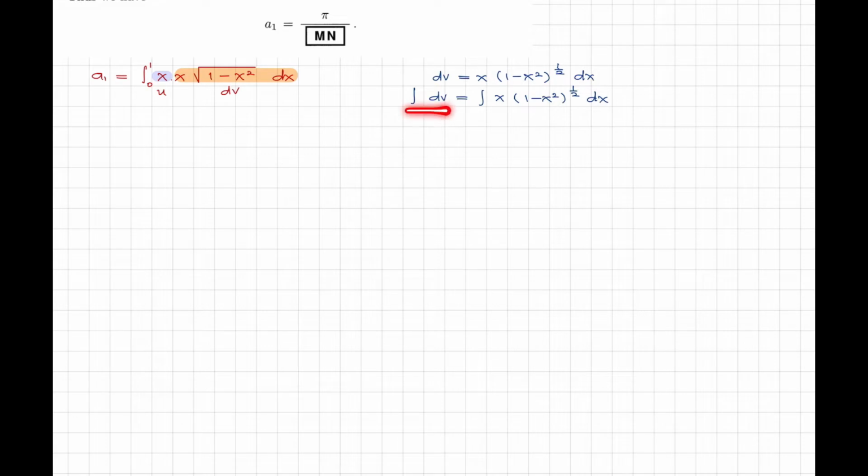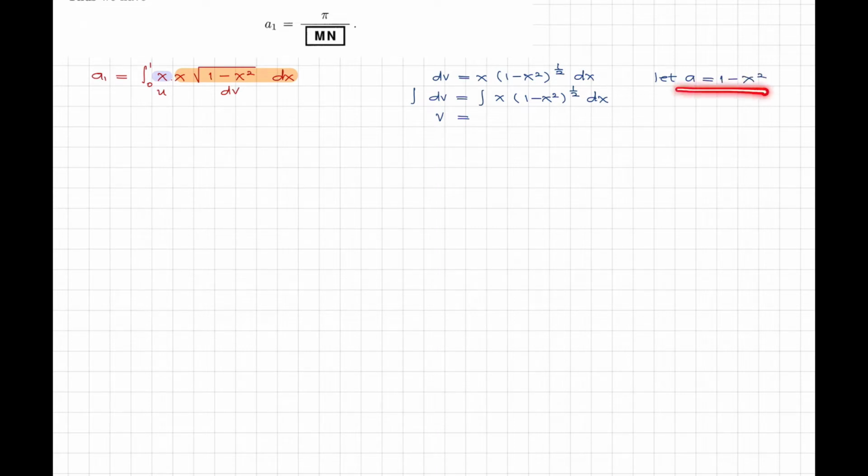The integration of dv, basically the integration of 1 dv, is v, which equals the integration of this part. We should use integration by substitution. So I will let a equal 1 minus x squared.